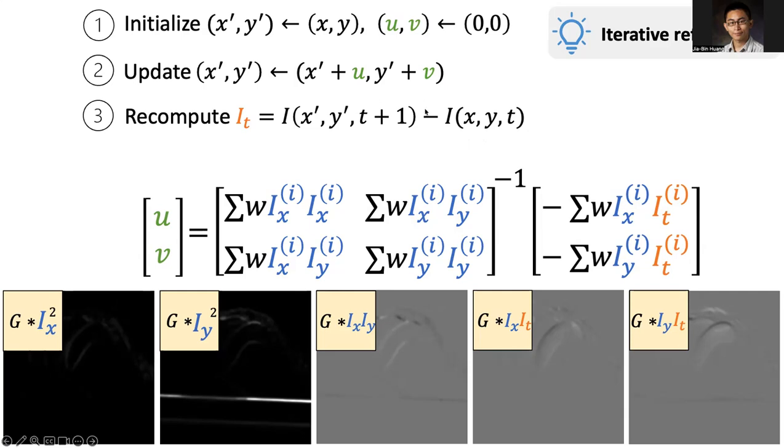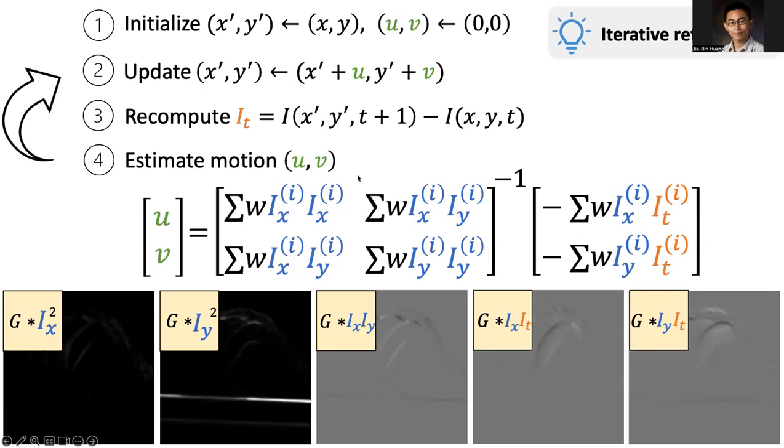Once you have this It, you compute the motion u and v from this equation. But the interesting thing is that now you have a rough idea of where the motion actually is. You move toward that direction, u and v, which means that you can update Ix and update this, right? You know where the pixel is.